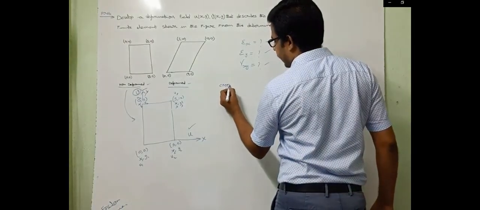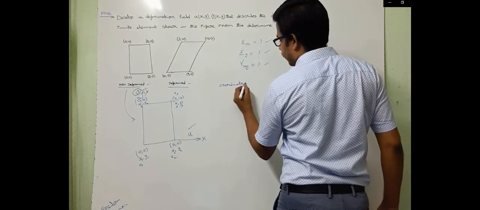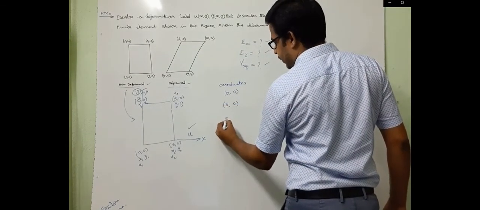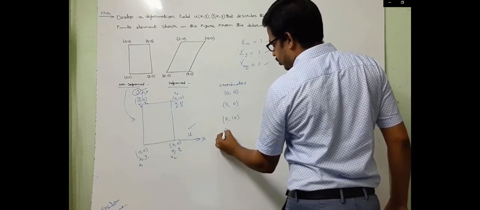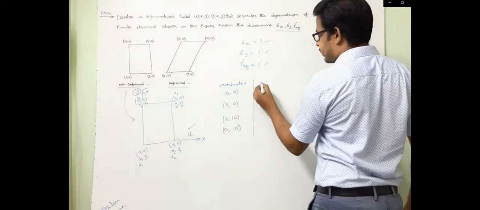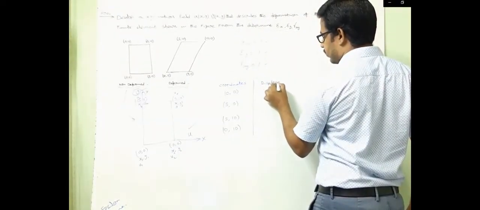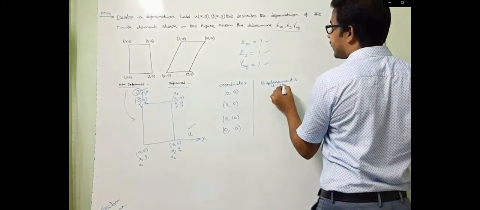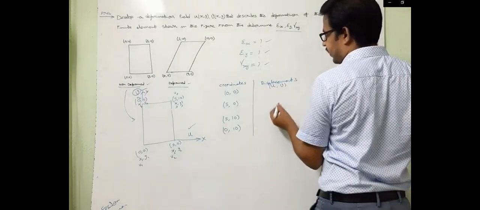The coordinates are 0 comma 0, 5 comma 0, 5 comma 10 and 0 comma 10, and the displacements are u comma v.